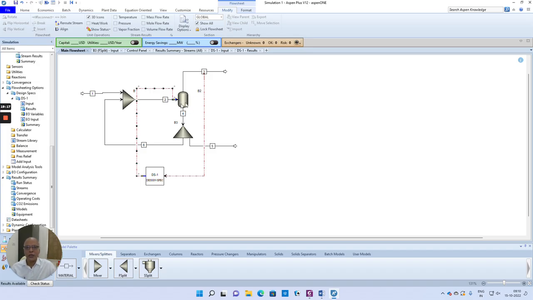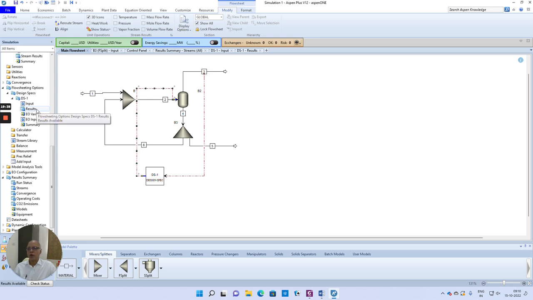So we try to solve this flash column, calculate the flow rate, compare the flow rate with your requirement. If it is not met, you are supposed to assume another temperature for the flash column and repeat this iterative process till you come to a convergent solution. So this is typical in the case of any design specification. So we were able to get to some kind of a result, right?